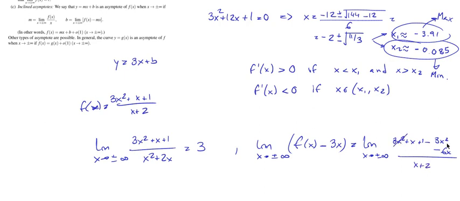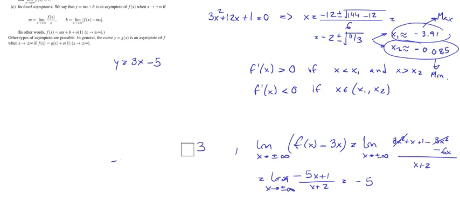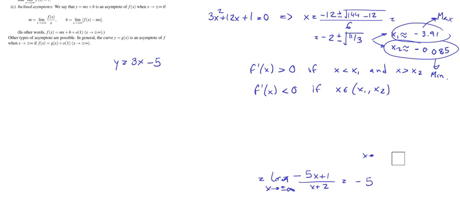And so this and this go away, so we have minus 5, sorry, the limit when x goes to plus minus infinity of minus 5x plus 1 divided by x plus 2, and this is going to be minus 5 independently of the sign, so we have an inclined asymptote that is the same in both cases, right? So now we have that this is an inclined asymptote.